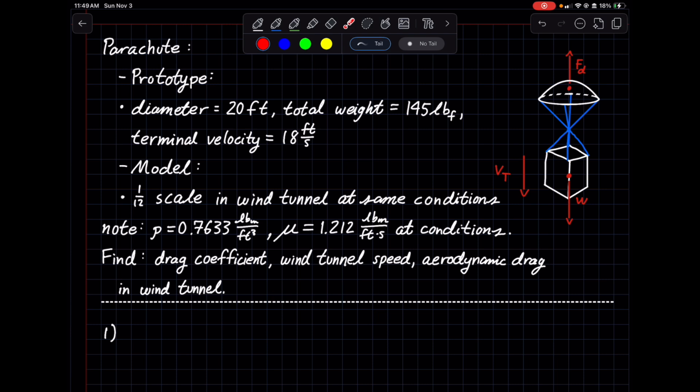The conditions mentioned in the problem were 60 degrees Fahrenheit and 1 atmospheric pressure. I got these two variables from a table in the book at 60 degrees Fahrenheit and 1 atmospheric pressure, for the density and the kinematic viscosity.